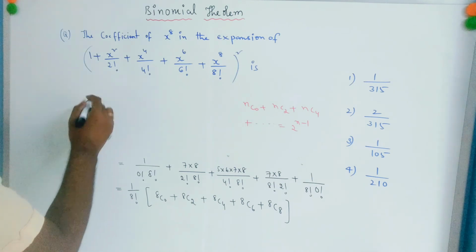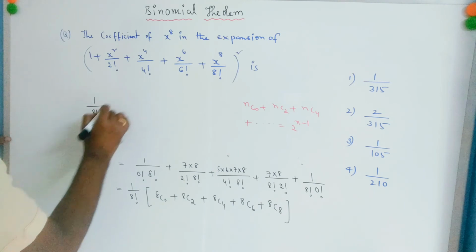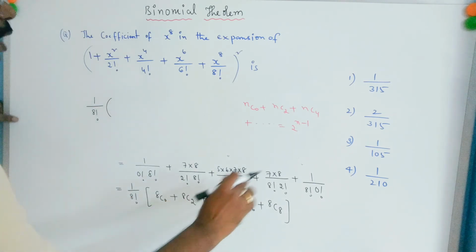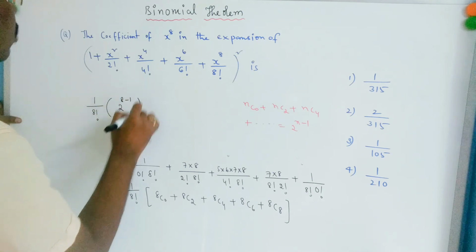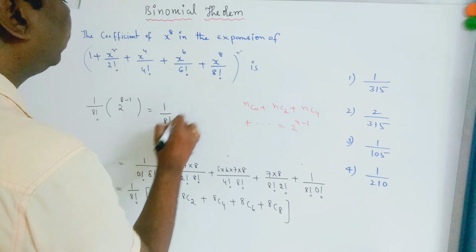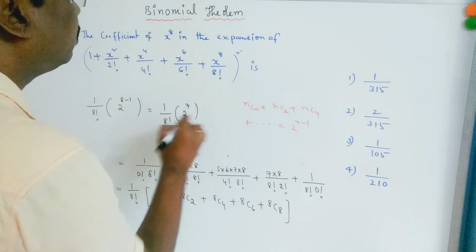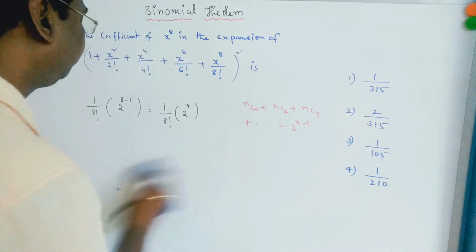Therefore, 1 by 8 factorial into 2 power 8 minus 1, that means 2 power 7. Now 1 by 8 factorial into 2 power 7. 2 power 7 value is 128.